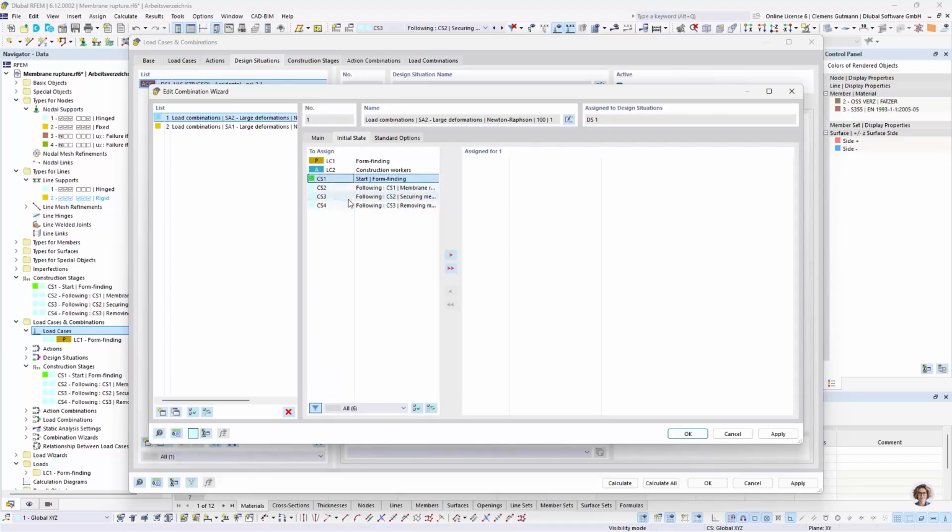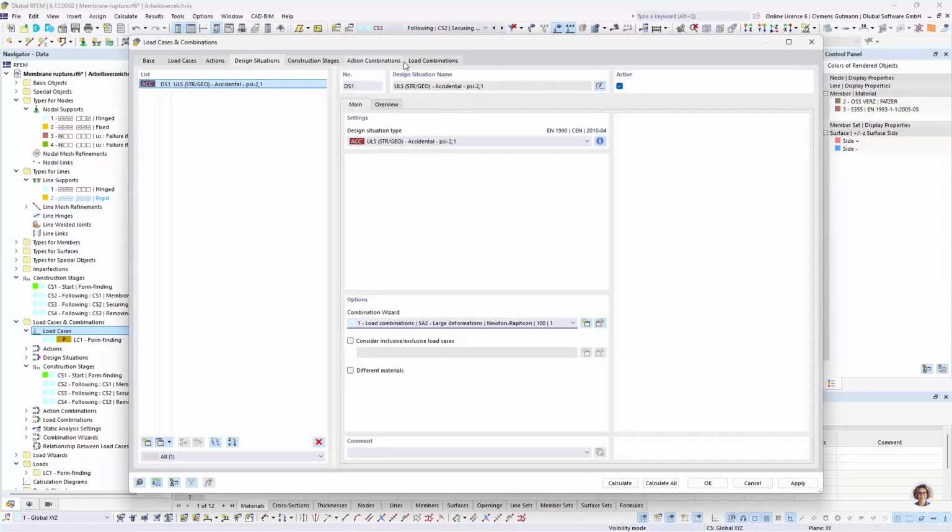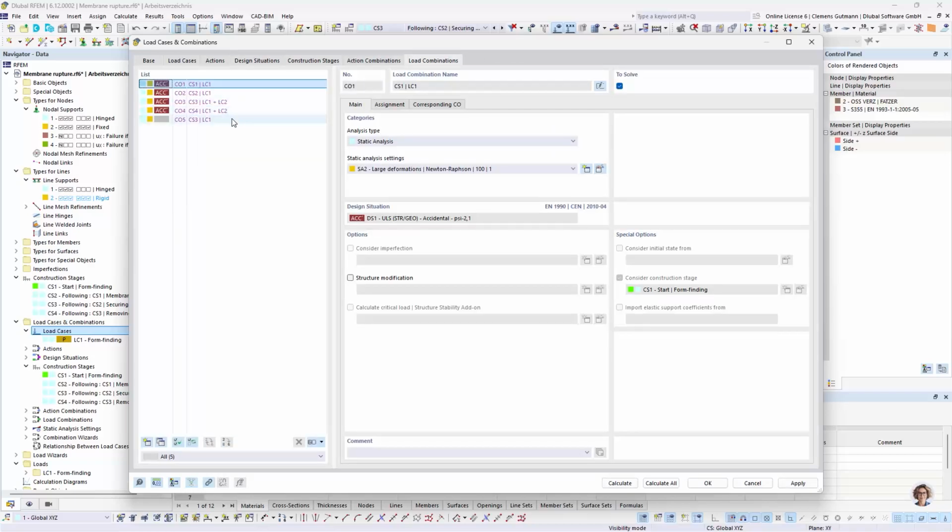So we want to have an analysis or a combinatorics for all these construction stages. So we bring it on the right side and then take a look at how the combinations are carried out.